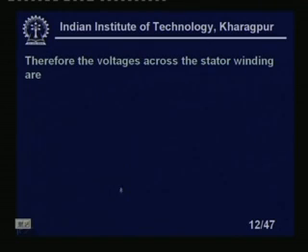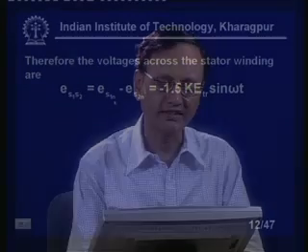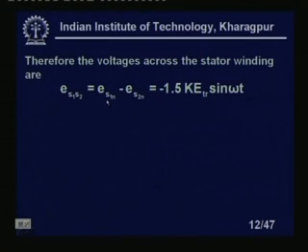Therefore, the voltages across the stator windings are as follows. If I measure the voltage across S1 and S2 instead of the neutral, I simply subtract: ES1S2 equal to ES1N minus ES2N, which is equal to minus 1.5 K ETR sin omega t.